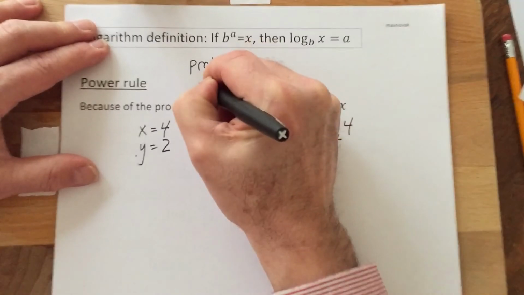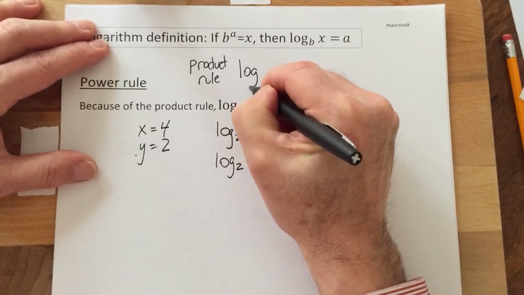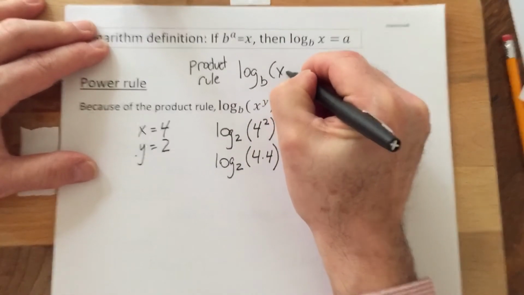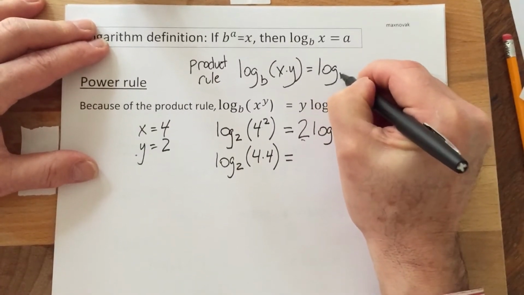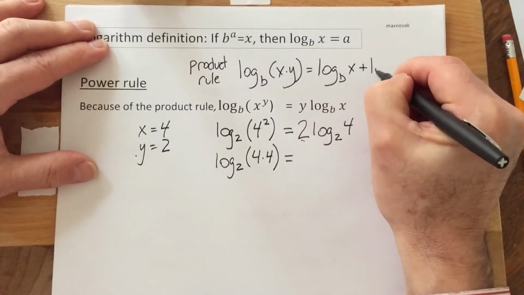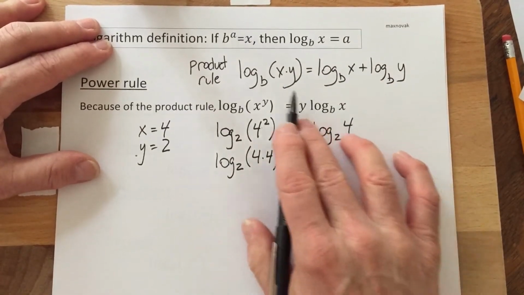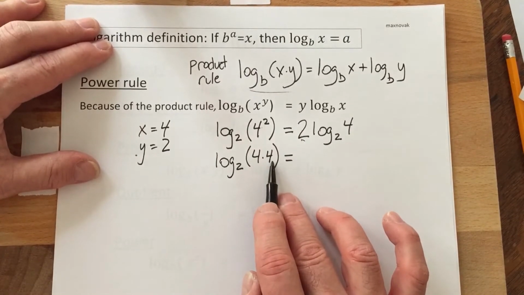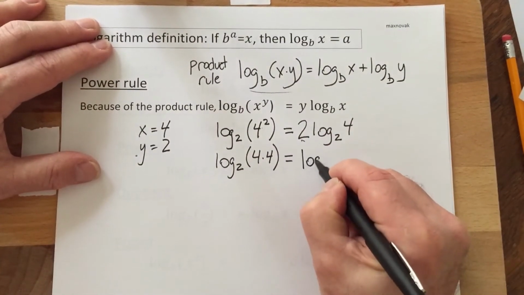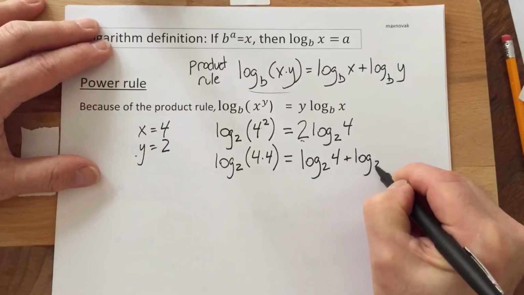The log base b of x times y equals log b of x plus the log b of y. So let's solve this here. We've got 2 4s, so we have log 2 of 4 plus log 2 of 4.